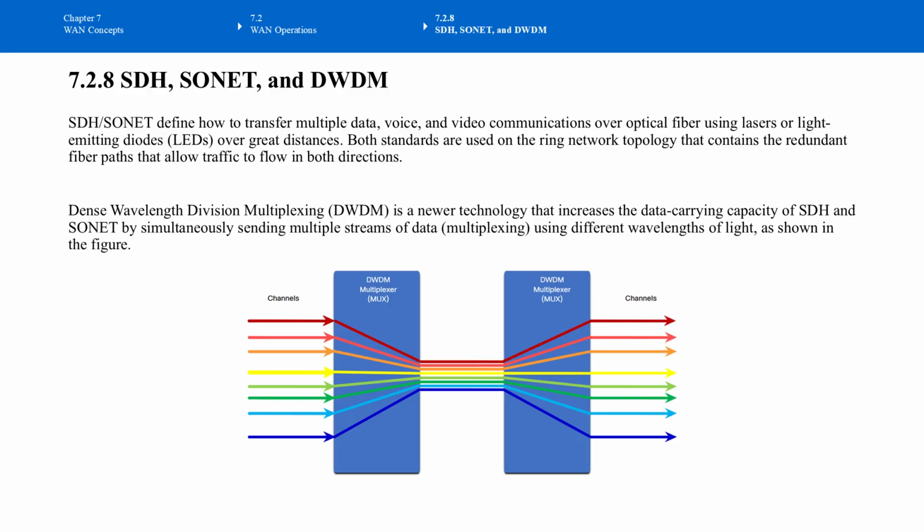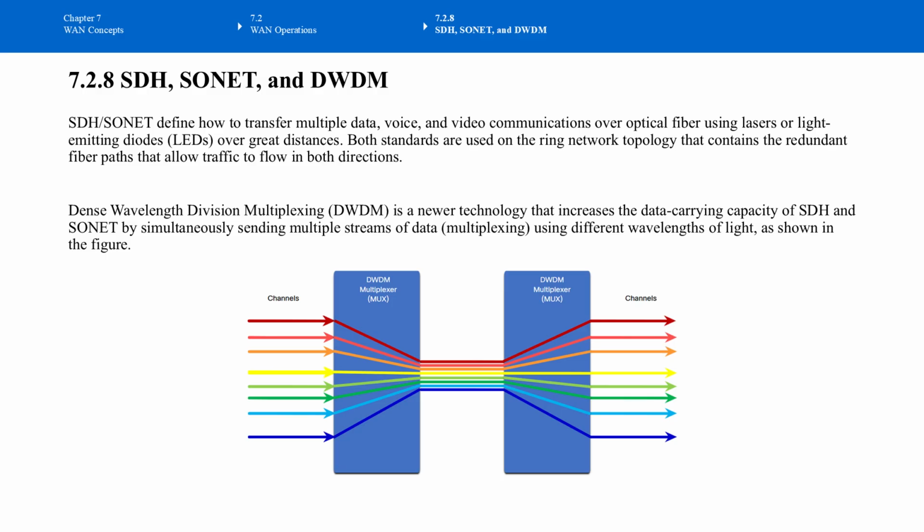SDH and SONET define how to transfer multiple data, voice, and video communications over optical fiber using lasers or light-emitting diodes over great distances. Both standards are used on ring network topologies that contain a redundant fiber path that allows traffic to flow in both directions.